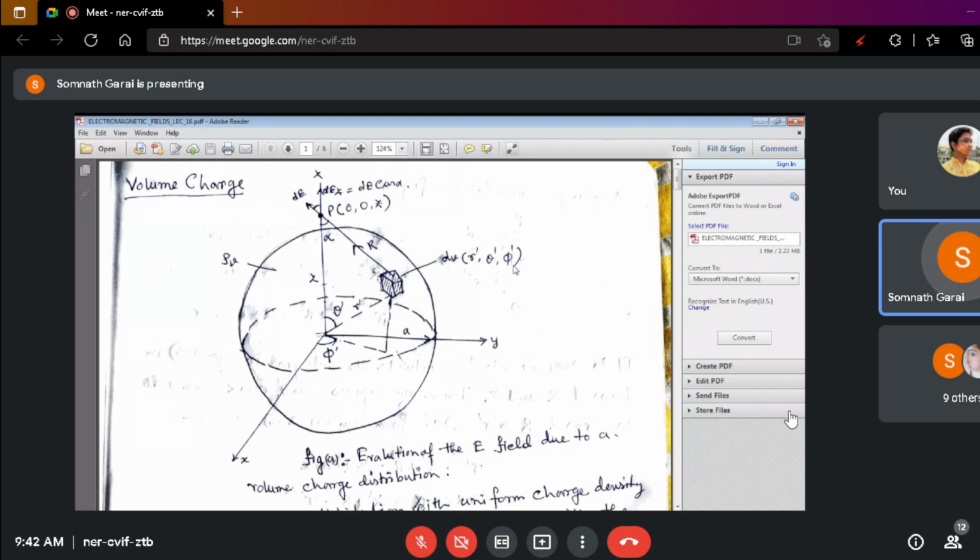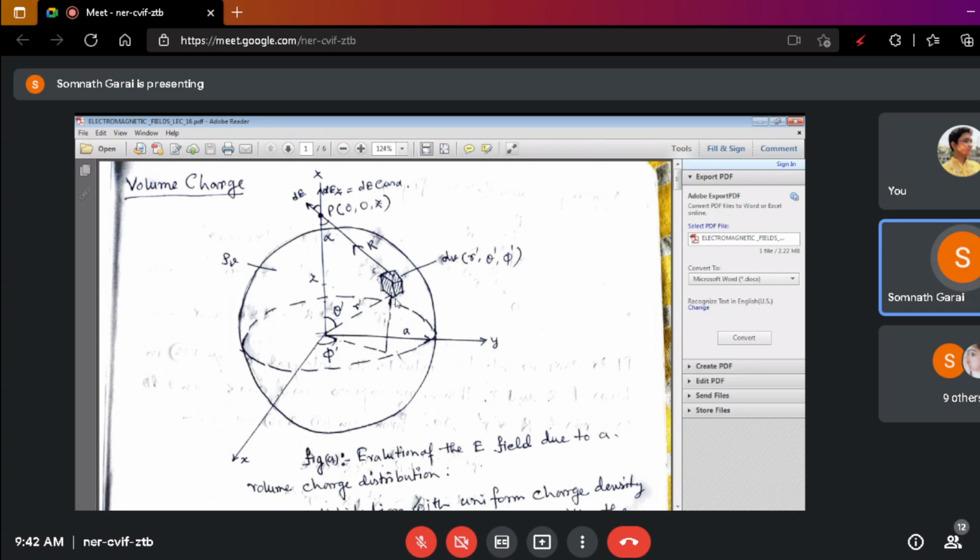This volume has differential volume dv, and r dot is the radius, the distance of the volume from the center.